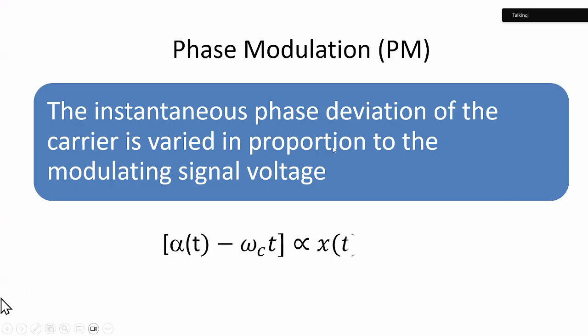So this phase deviation must now be proportional to our modulating signal. And we need to introduce a proportionality constant here. Let us say proportionality constant is Kp.